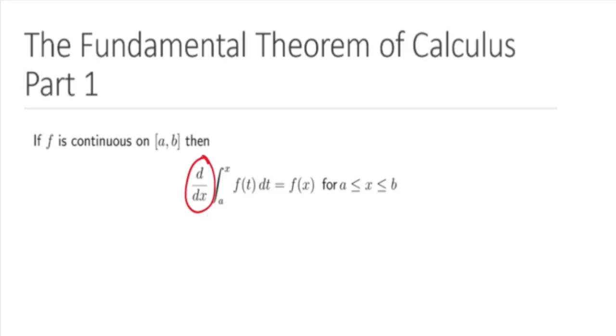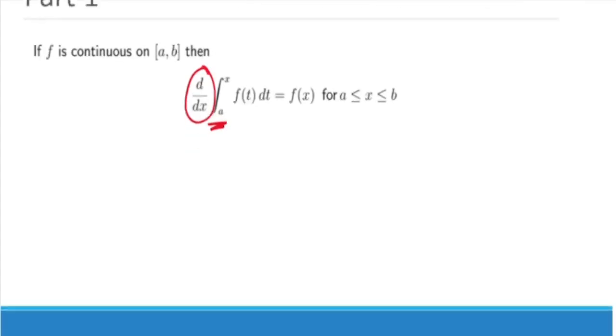Tapos ito, as we have previously discussed, is the antiderivative or the integral sign. Okay? So let's start by applying this theorem for some examples.